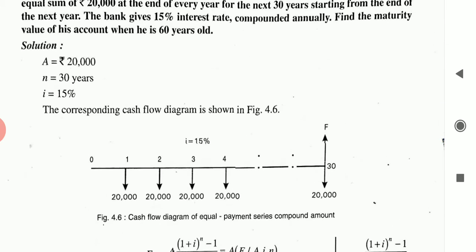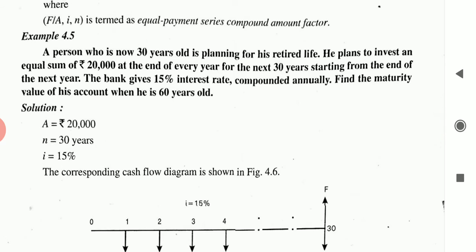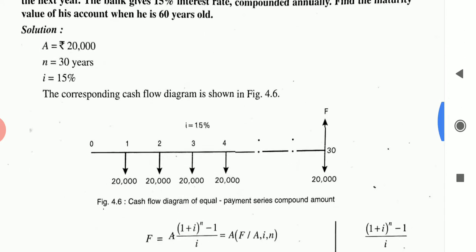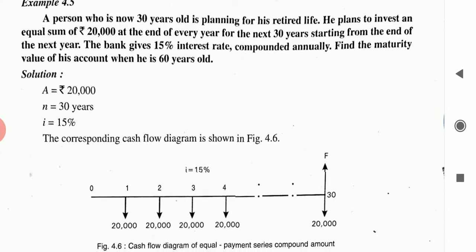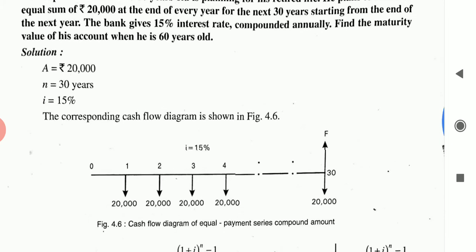Okay, see here, in the question n equal to 30 years. Okay, A is the equal deposit he plans to invest, that is 20,000. Okay, every year he has to deposit this amount.